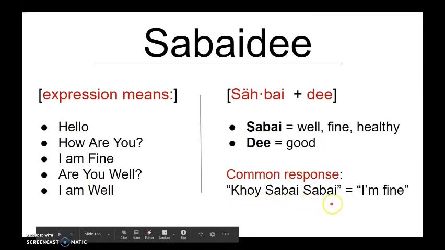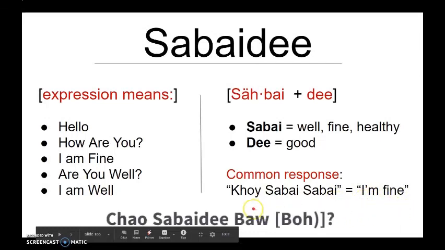Okay, now this expression was given to me by someone who actually speaks Laotian, Sabai, and you're actually saying I am well, fine, healthy. Okay, kind of emphasis on the fact that you're doing well. All right, so Koi Sabai or just Sabai can actually mean I'm fine.